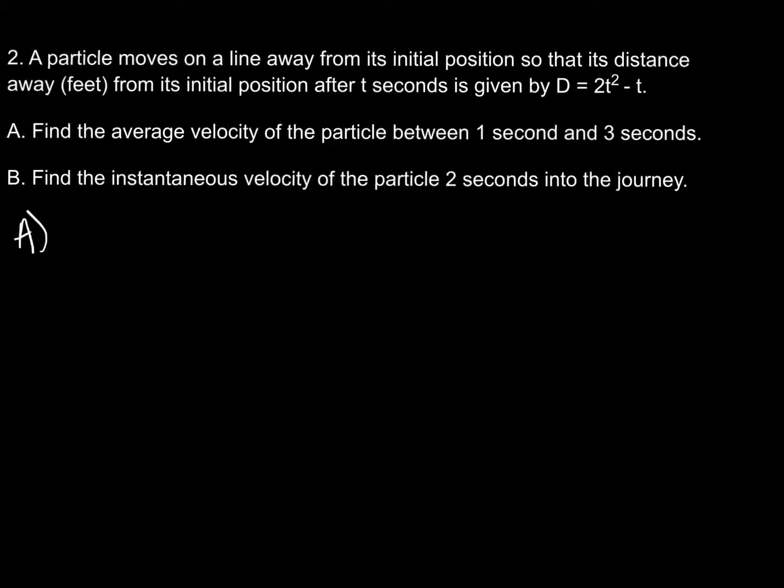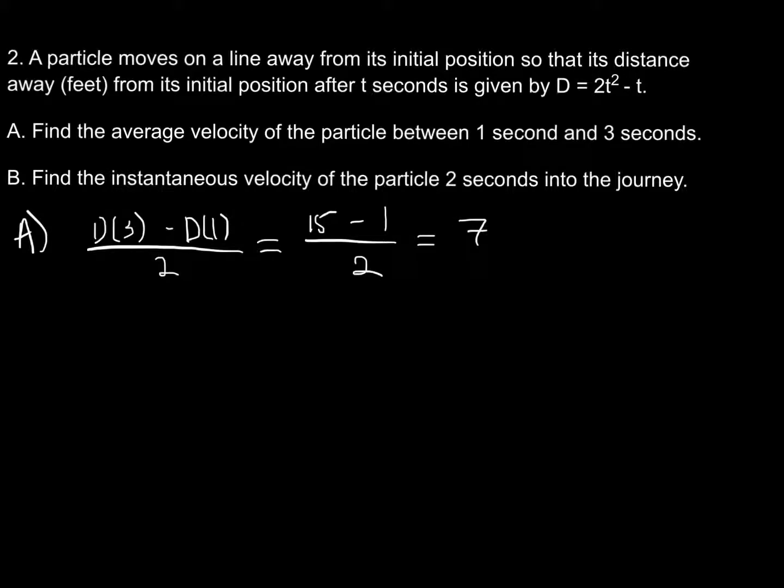So for part A, d of 3 minus d of 1, divided by 2. And 2 times 9 is 18, minus 3 is 15, minus 2 minus 1, which is 1, over 2, which is going to be 7.